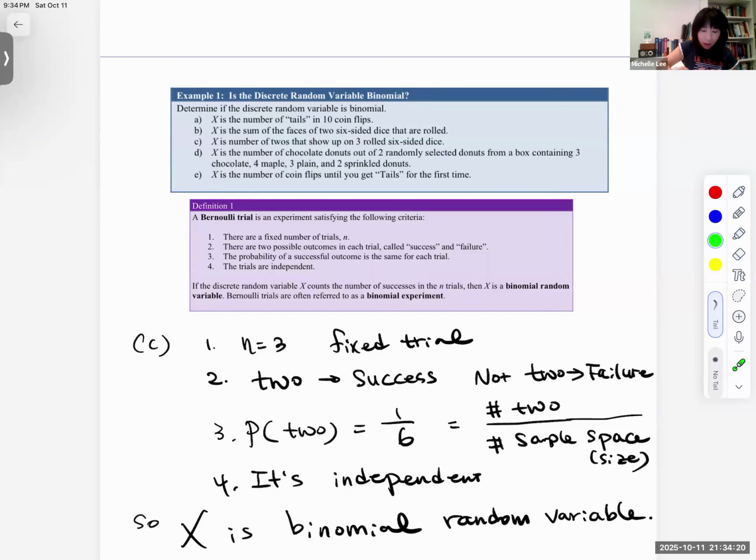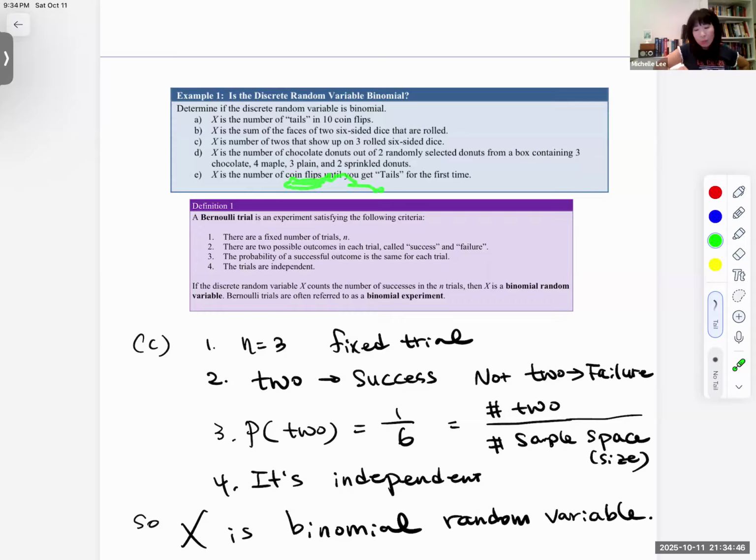Last question. X is the number of coin flips until you get tails for the first time. Okay, so what do you think? Is it a fixed trial? No, because you might have n equal to 10, or you might have n equal to 100.